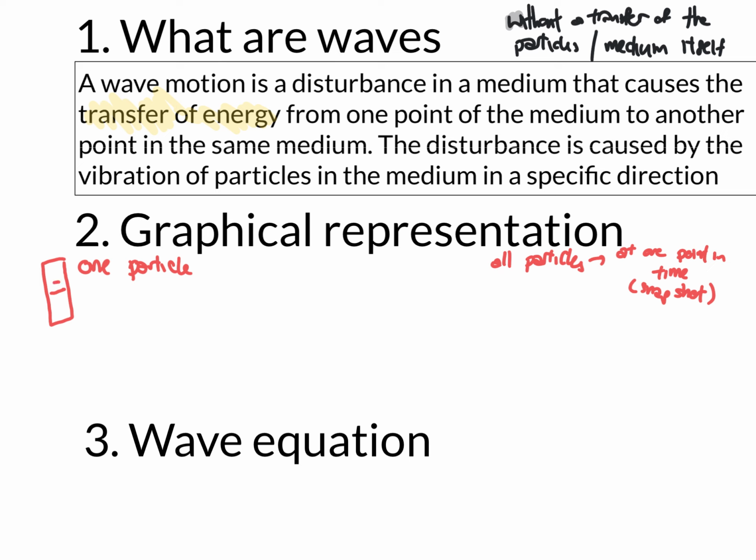So the intervals get smaller, right? We had that, and for all particles is when we put all of them side by side. For one particle, we'll be looking at a graph which is my displacement-time graph.